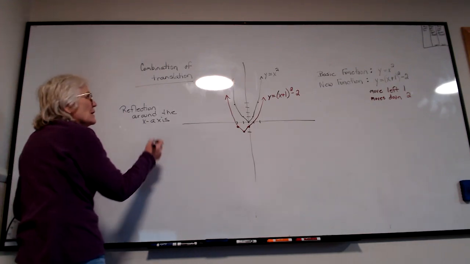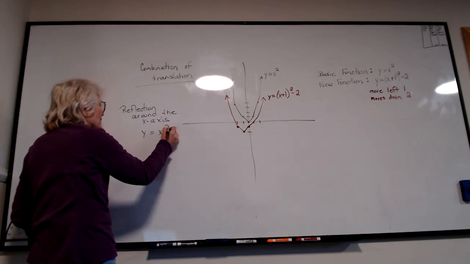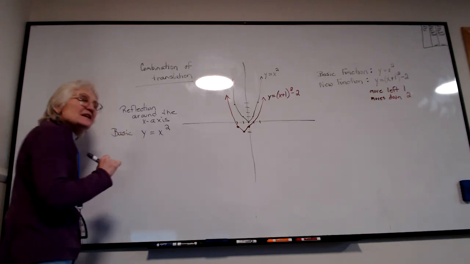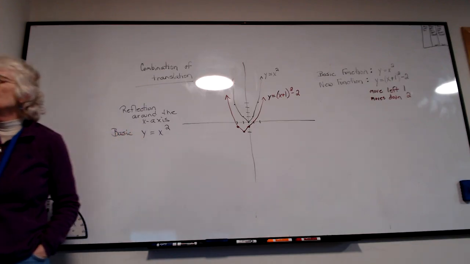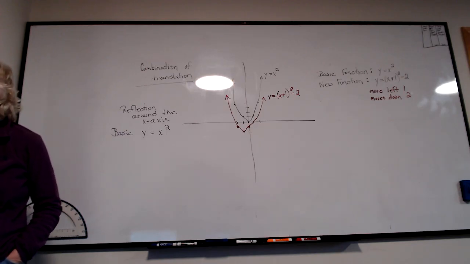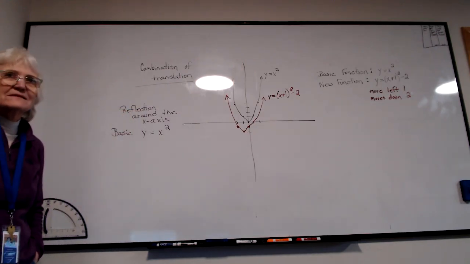Okay, so your basic function is y equals x squared. The only thing you have to do to make it flip over the x-axis, to flip down, is you put a negative sign in front.